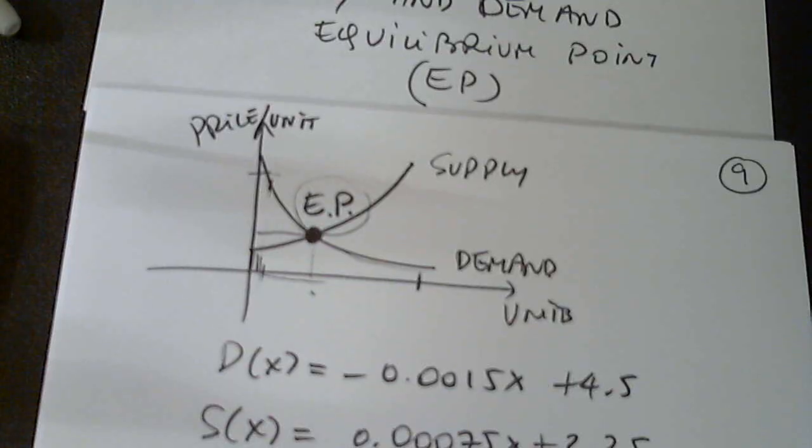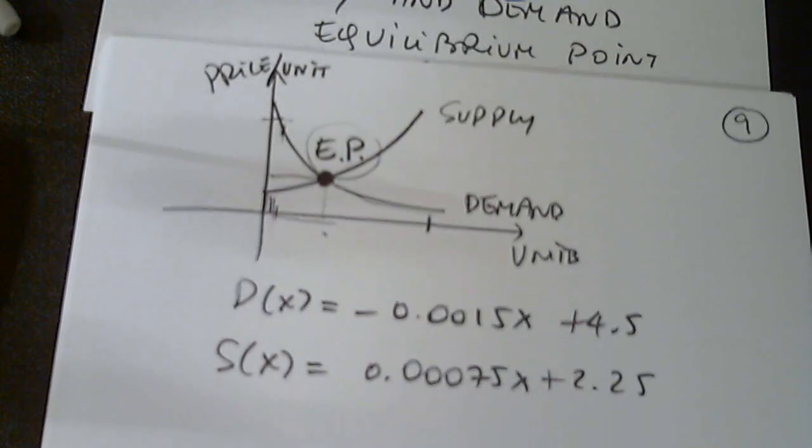Okay, so let's see what they want. Of course, what they want is the equilibrium point. So let's see. Solve the system and find the equilibrium quantity and the equilibrium price for a gallon of unleaded premium gasoline. And then we have to fill in the information in part B.